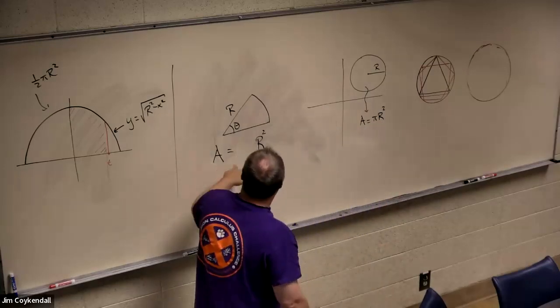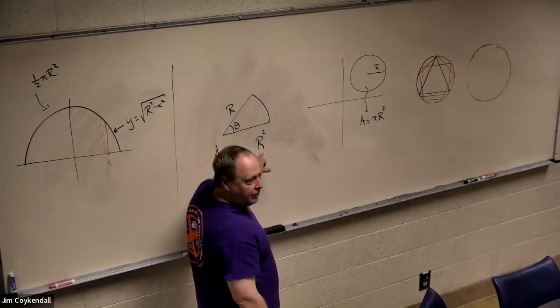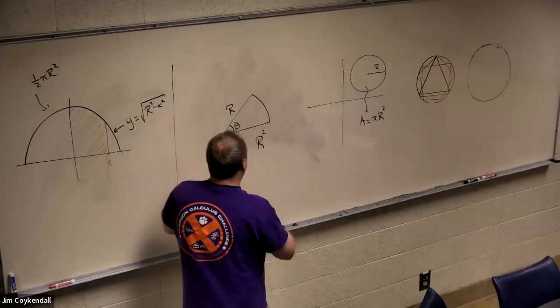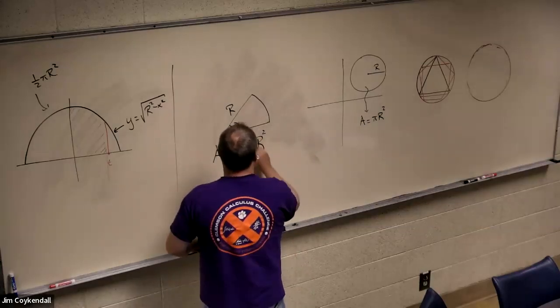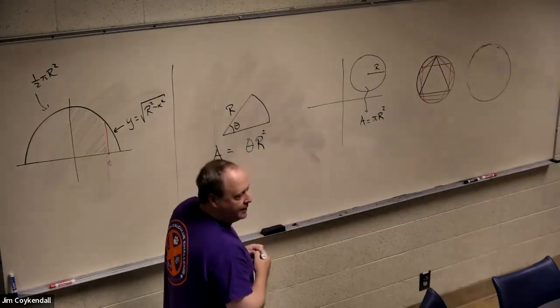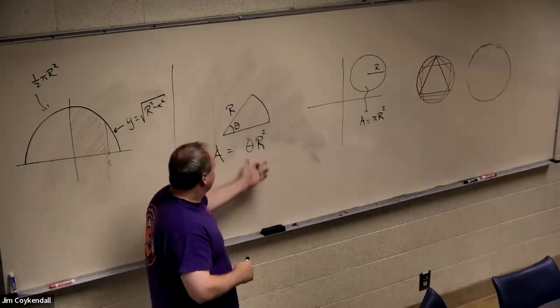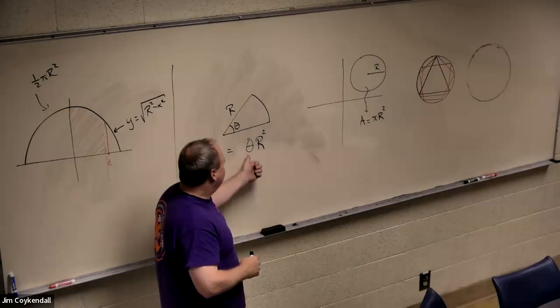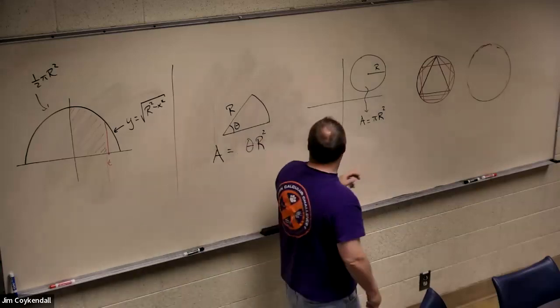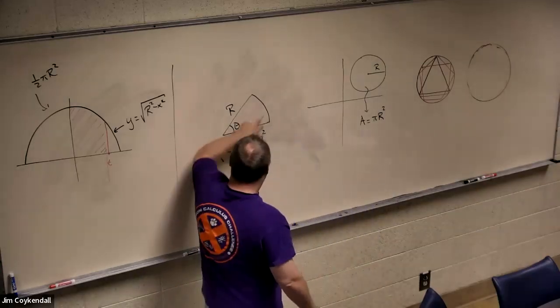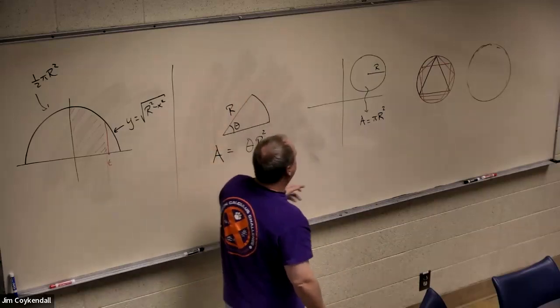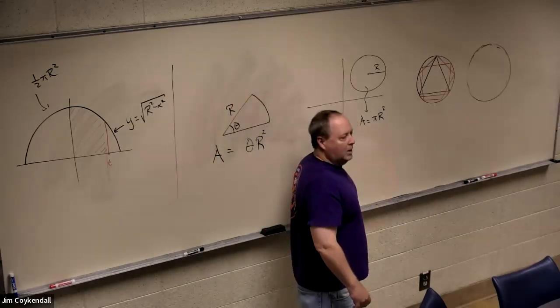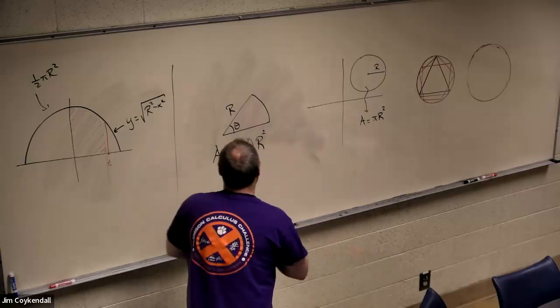So the area should be proportional to the square of the radius, and it should somehow depend on how big that angle is. That's not quite it either. But if I put in theta is 2 pi, then that gives me the formula for the area of the circle, pi r squared. There you go.